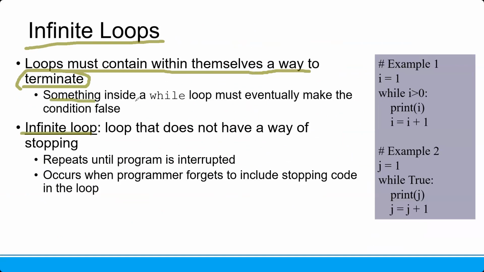So something inside a while loop must eventually make the condition false. So there should be one thing that creates false. Infinite loop means a loop that does not have a way of stopping. So there is no way to stop the loop.